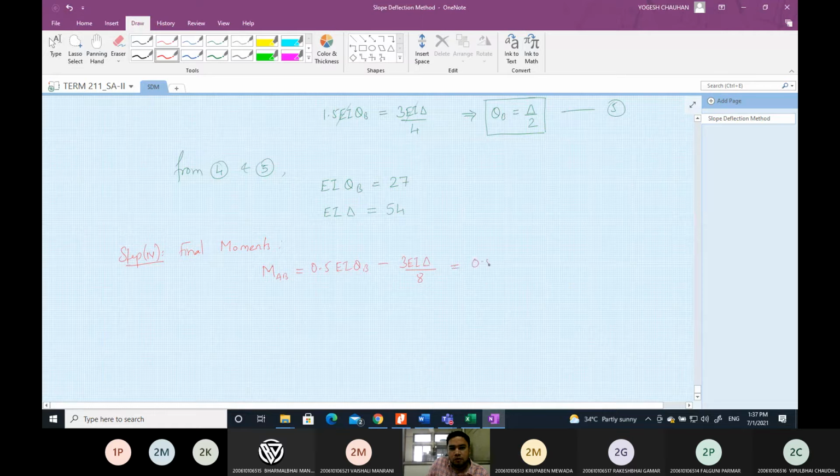So that will be 0.5 into 27, because EI theta B is 27, minus 3 into 54 by 8. So how much is this value?